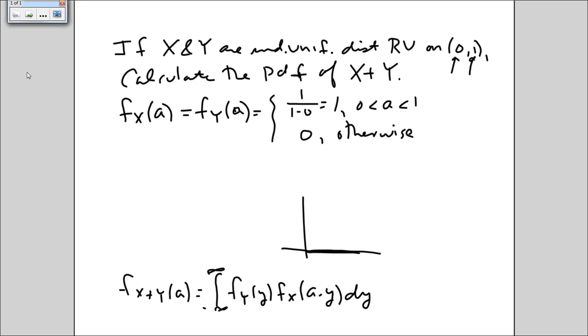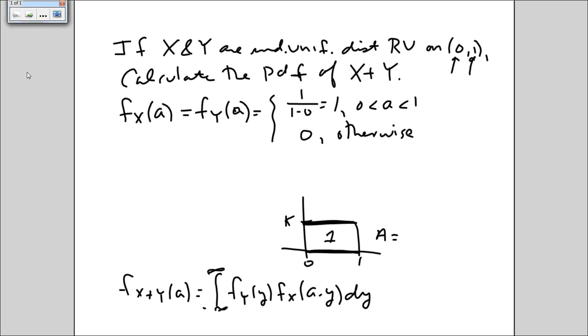Go between 0 and 1. So the height, call it K for a moment. If it's uniform, that means it's the same height all the way across. Thing is, the total area has to be 1.